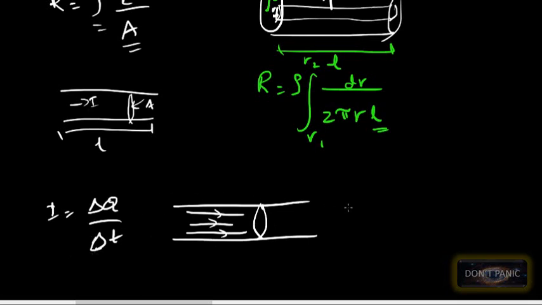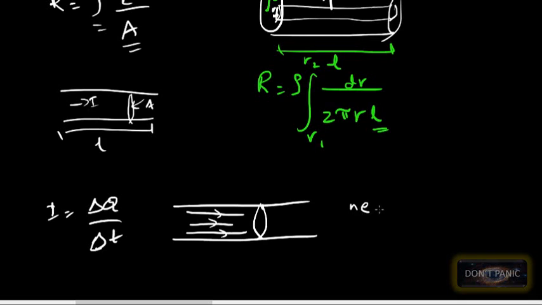Another way you can write current is, suppose you define the density of the charge, the charge per unit volume, as the number of electrons times the charge. Number density. If you multiply the number of electrons times the charge of an electron, then you get the total charge. And then little n is the number of electrons divided by the volume.